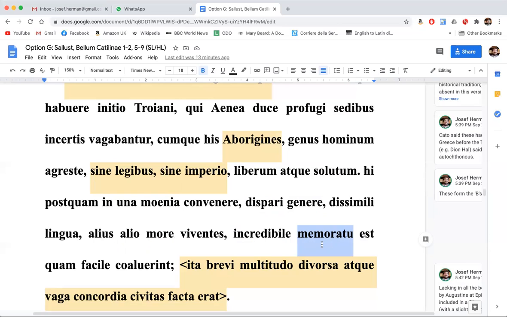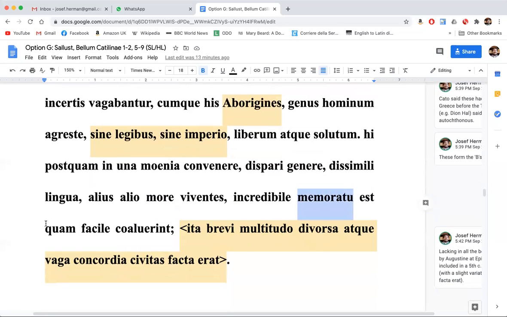It is incredible to recall how easily, quam facile, they merged or coalesced or united, coaluerint. And that's in the subjunctive mood because we're in an indirect question. The direct question would be, how easily did they merge? But this is an indirect version of that. It is incredible to recall how easily they merged.